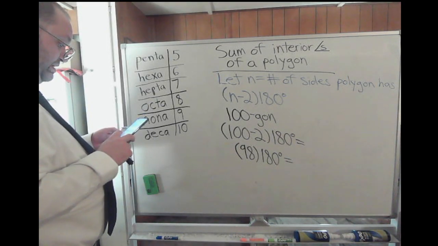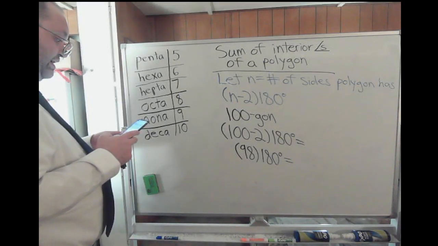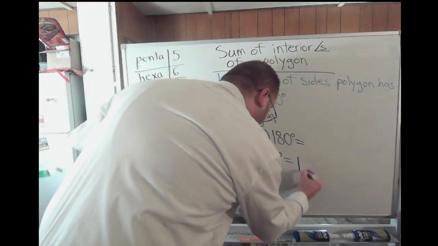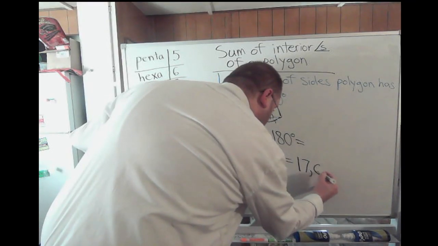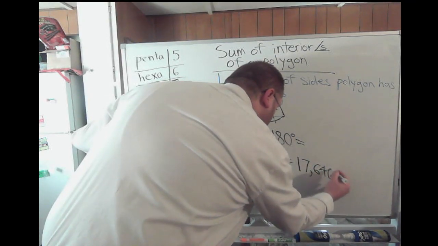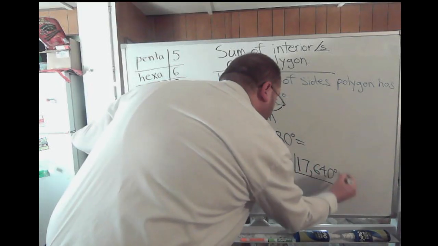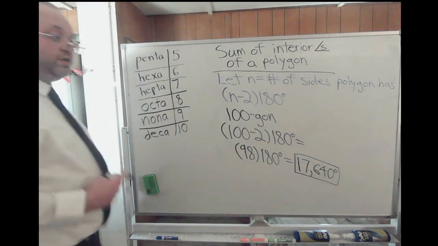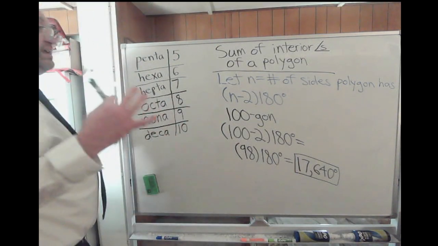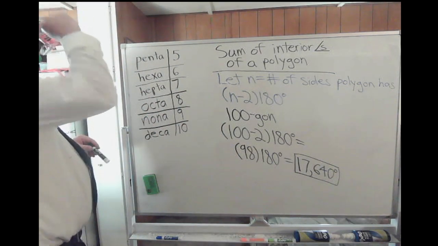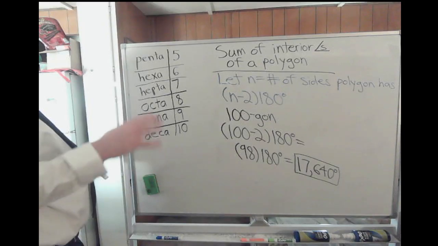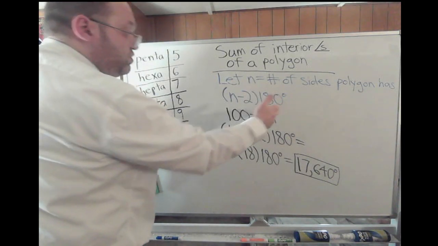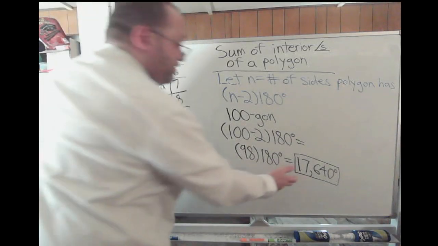Alright, 98 times 180, yep, 17,640. So the sum of the interior angles of a 100-gon is going to be 17,640 degrees. So again, if you want to find the sum of the interior angles of a polygon, you just take the number of sides, subtract 2 from that, multiply that whole quantity times 180, and you'll get your answer.